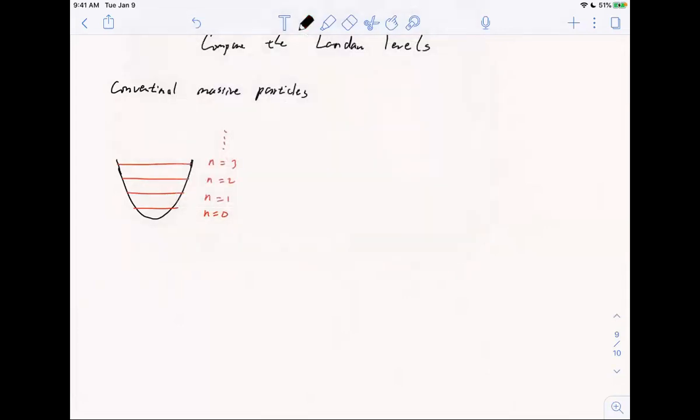But for Dirac fermion, it is not the same. For Dirac fermion, first you have a Landau level in the middle. You have n equal to 0. This is one level.